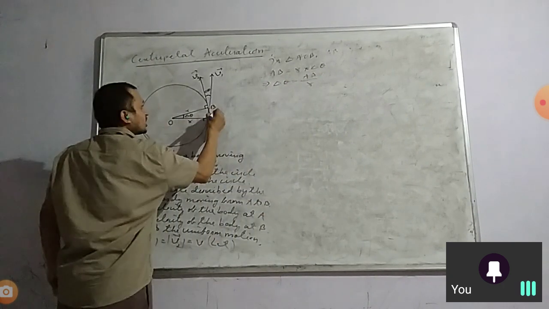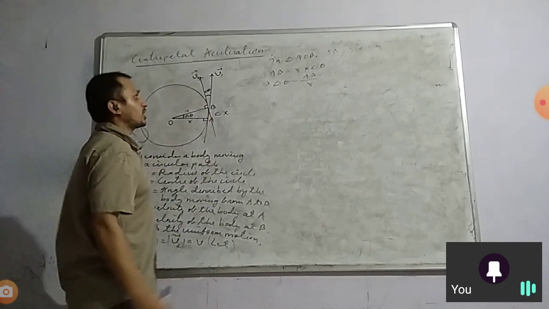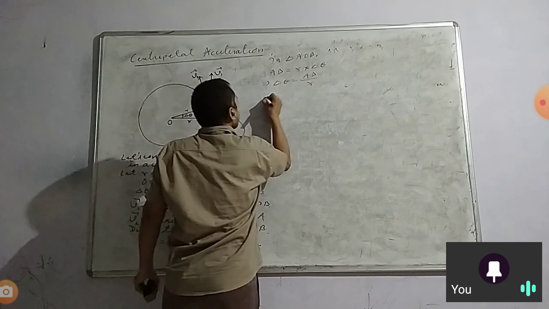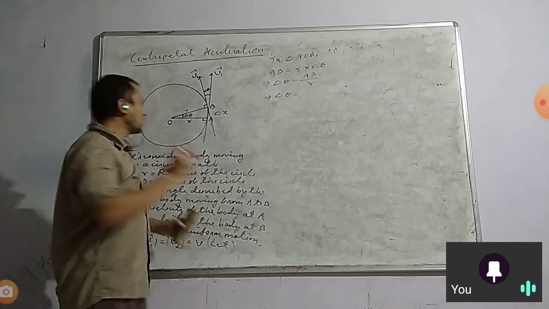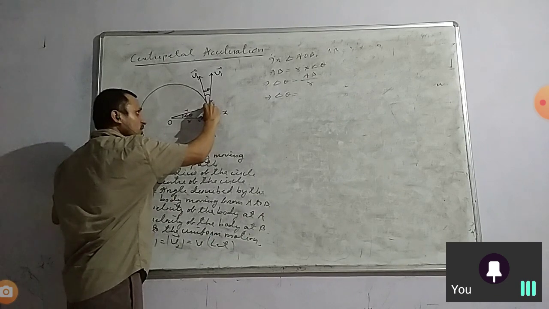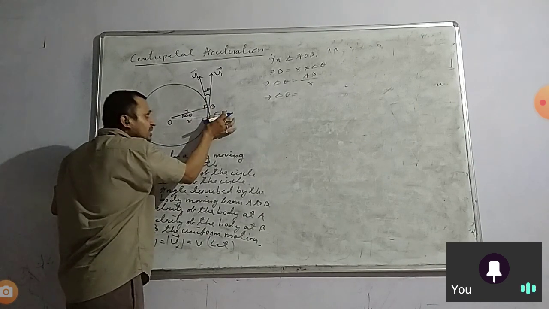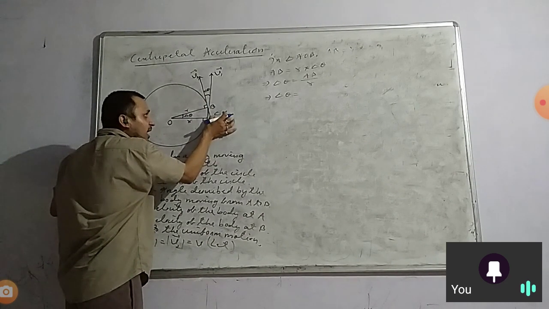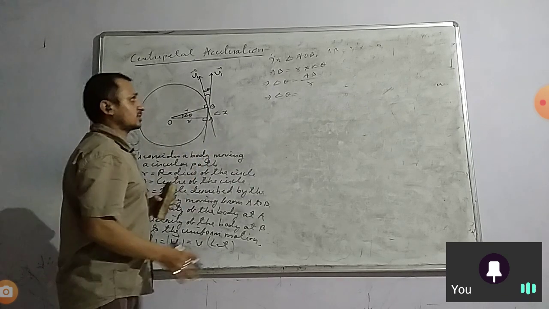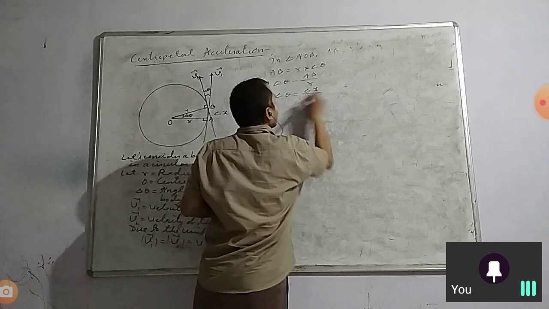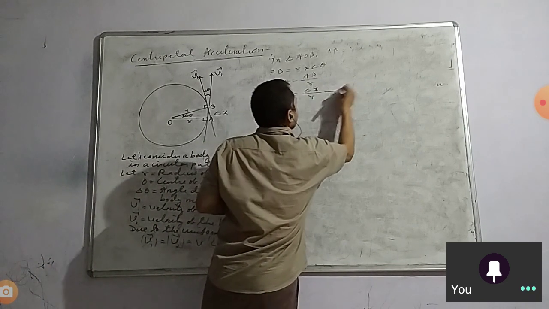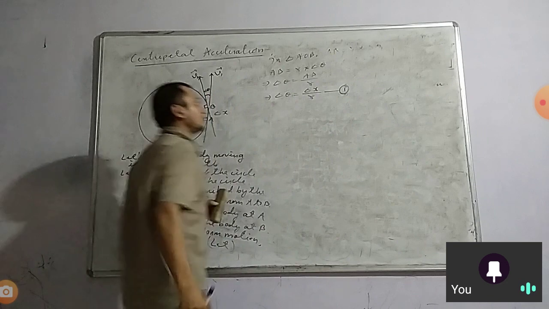I am taking the very small length of the arc that it has covered, and suppose this length of the arc is delta x. So in case of AB, we can write delta x upon r. This is equation 1.